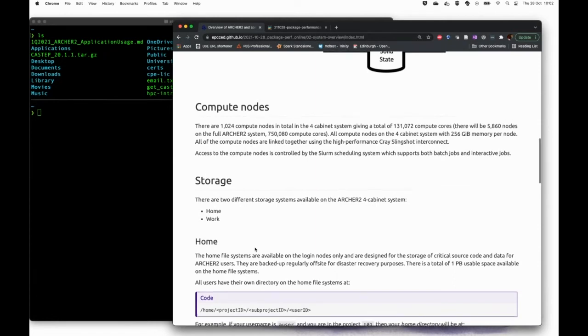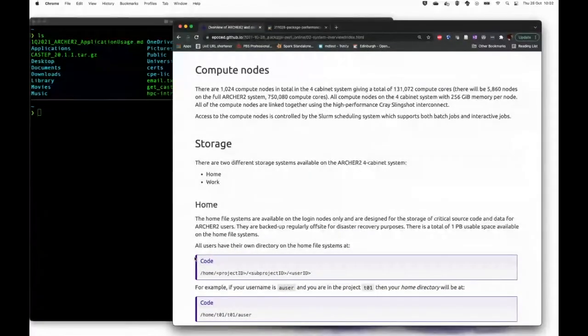There's two different storage systems, which I mentioned, home and work. Home's visible on the login nodes, work is visible on the login nodes and the compute nodes. So whenever we're running work on the system, we need to be in the work file system, because that's the only storage system that's available to compute nodes, and we'll see that when we come to run some stuff in a moment. When you initially log on, you'll be dropped into the home file system because that's where people's home directories are.